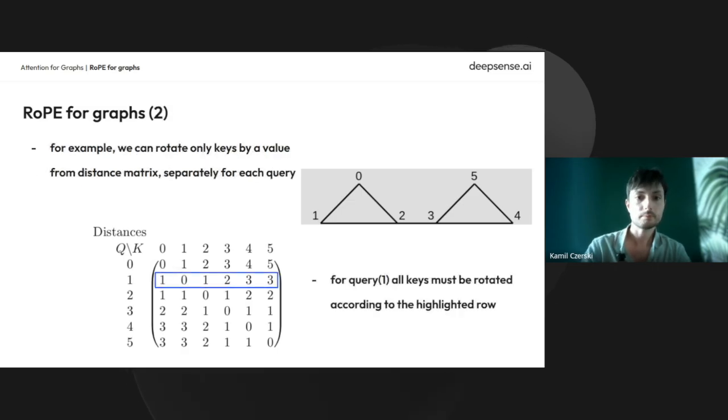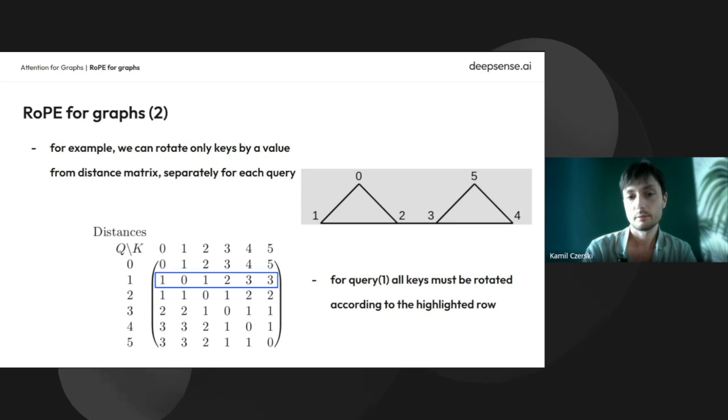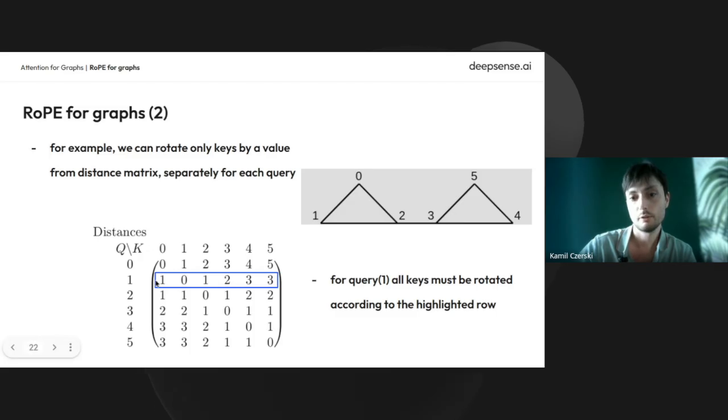Okay, so here is how it can be done. It's actually very simple. We can do rotations on the fly, rotating keys or queries, however we choose. Just m minus n must agree. So, for example, let's say we rotate only keys, exactly as the distance matrix says, but per each query separately.